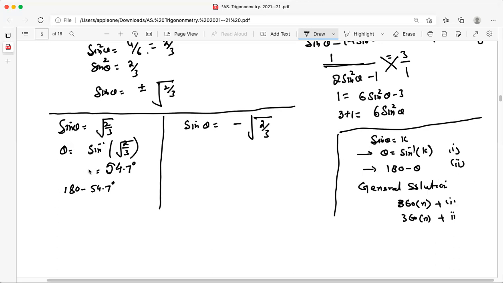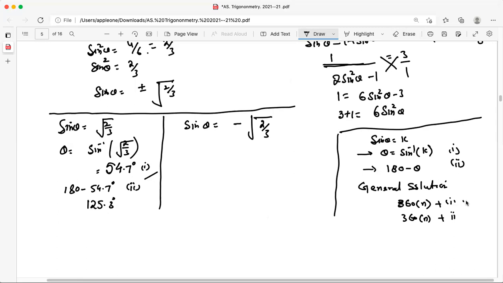No, this is the first answer, and the second answer is coming here. So 125 point, sorry, this pen is sometimes making problems. It's 125.3 degrees. Now, this is the second.